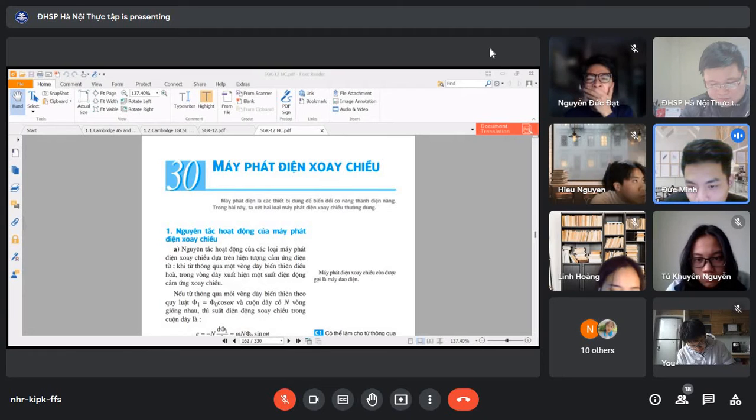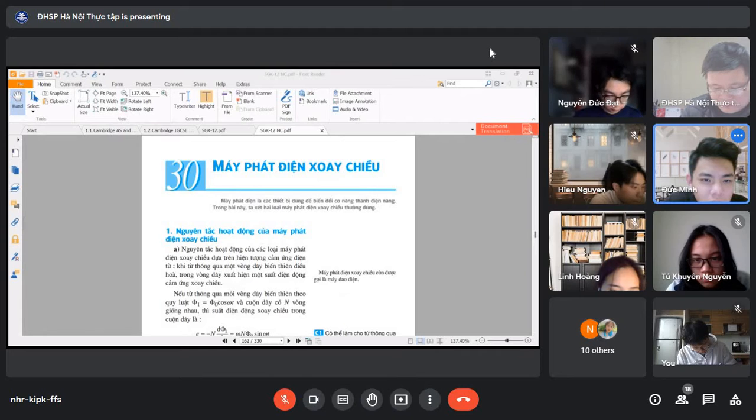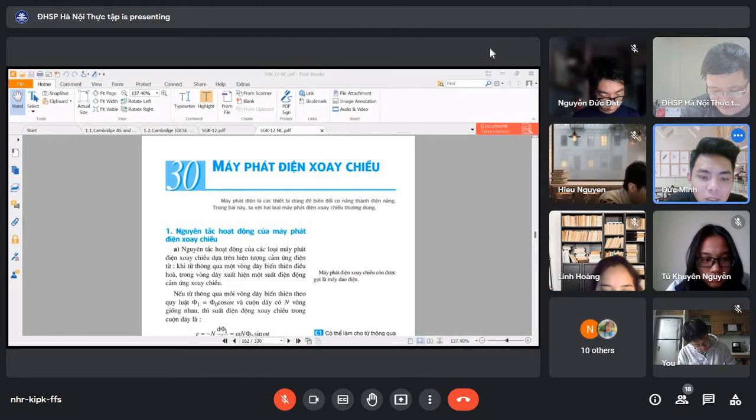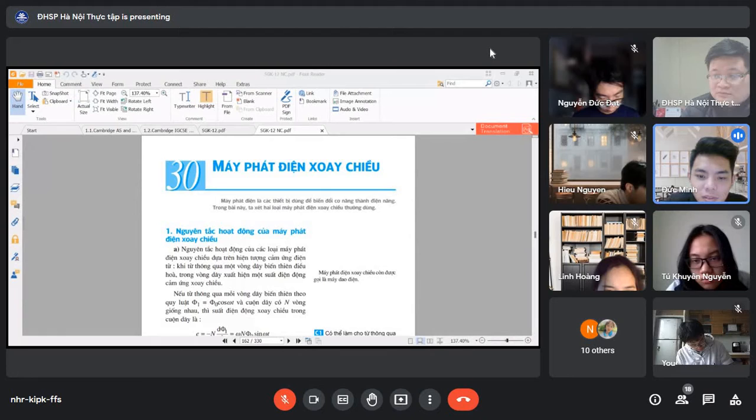It transforms the motive power into electrical power. What do you mean by motive power? It is the sum of potential energy and kinetic energy.